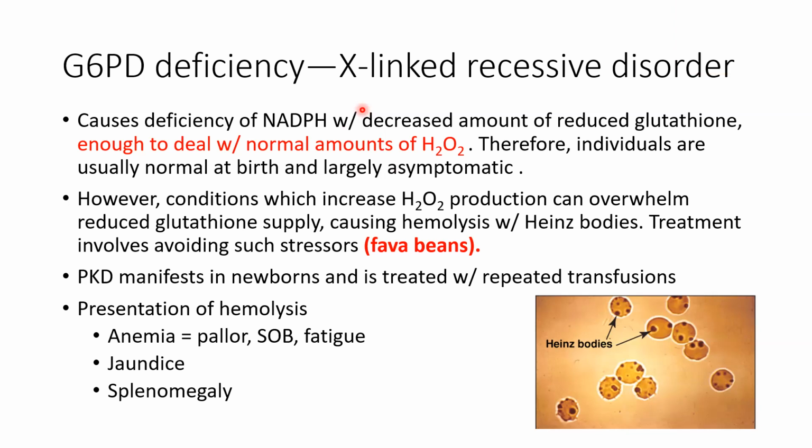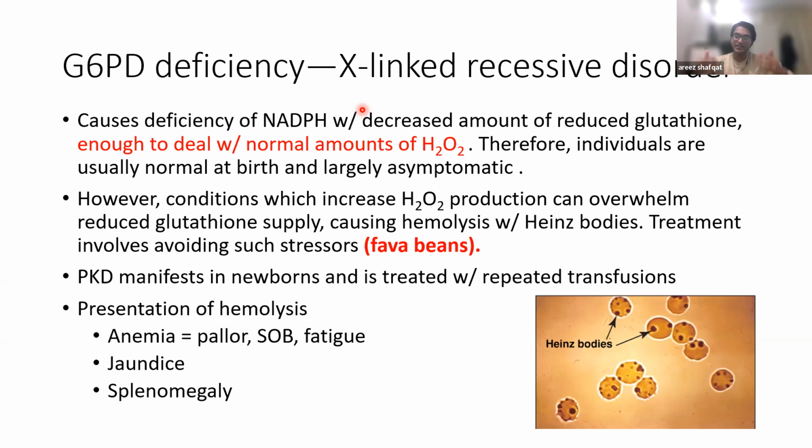In pyruvate kinase deficiency, you have hemolytic anemia because the ATP is deficient, and so the sodium potassium pump isn't working. So water is coming into the cell, so the cell bursts. In G6PD deficiency, that is because hydrogen peroxide is attacking the membrane and it's causing the membrane to become leaky.